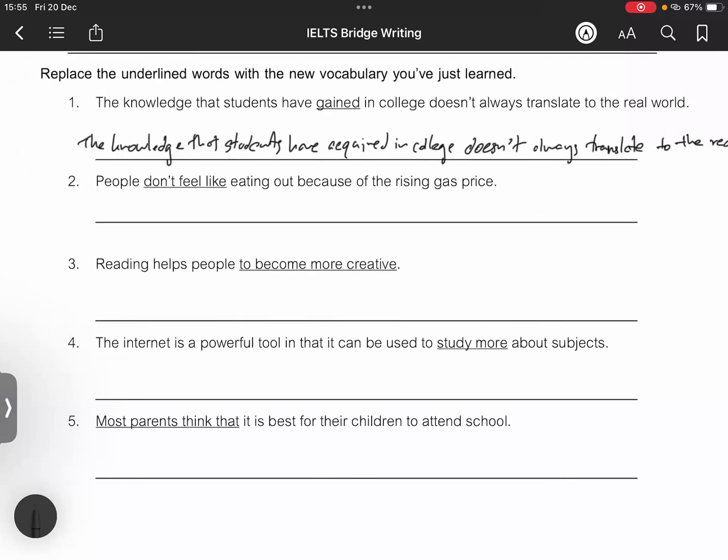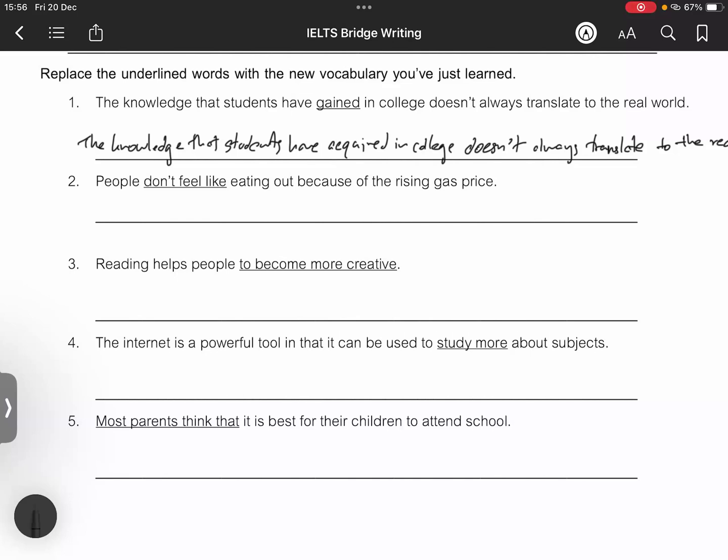Right. Next, people don't feel like eating out because of the rising gas price.